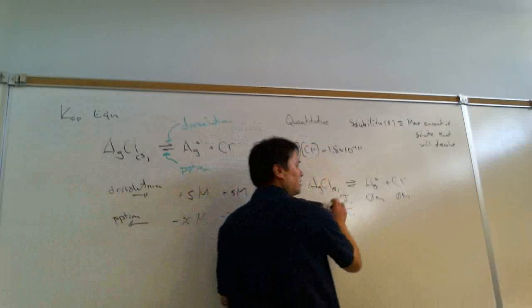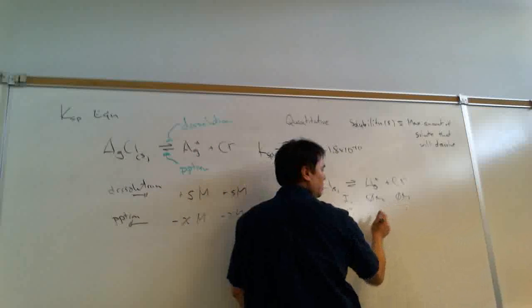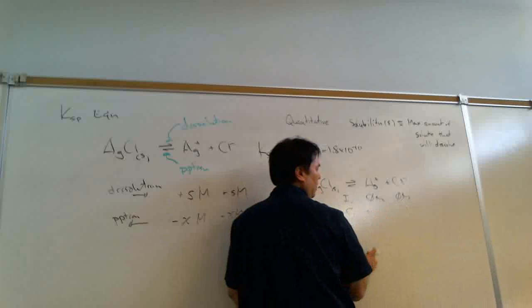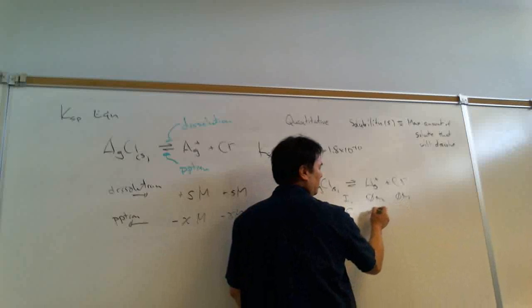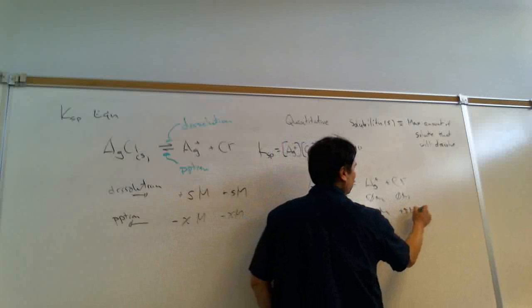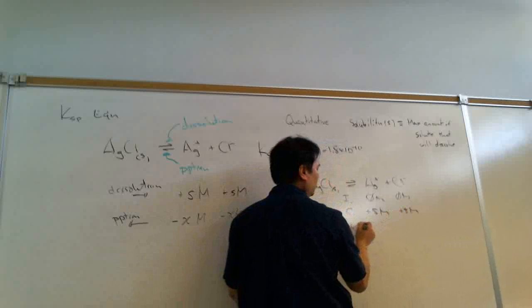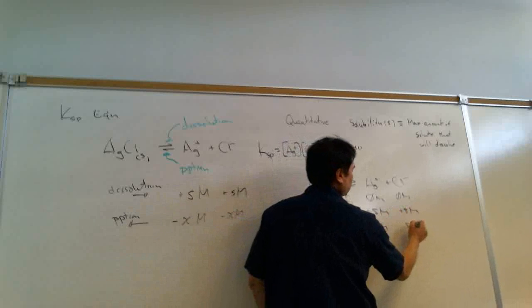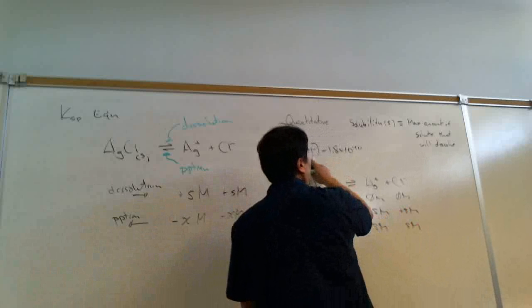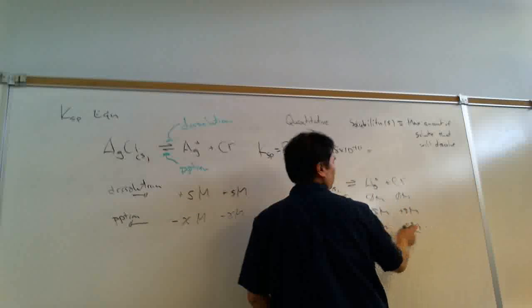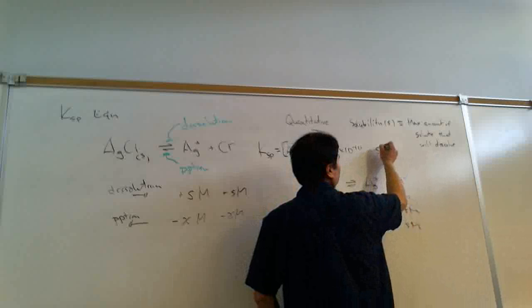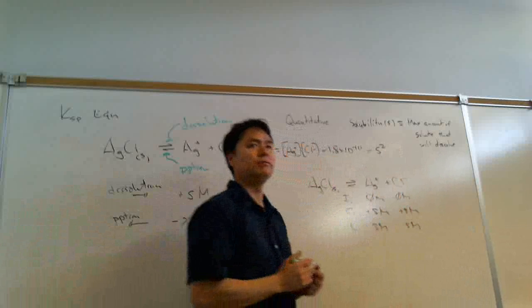We're going to dissolve the maximum amount, so we get the maximum amount of change. And that's going to be plus S or plus X? Plus S molar, plus S molar. The maximum molarity we'll get will be S. And so the KSP up here is going to be equal to S times S, which is S squared.